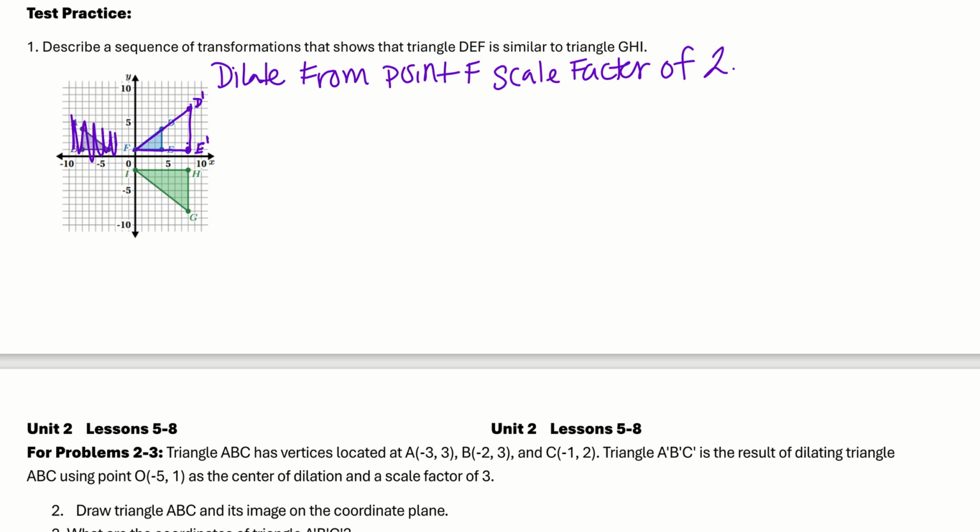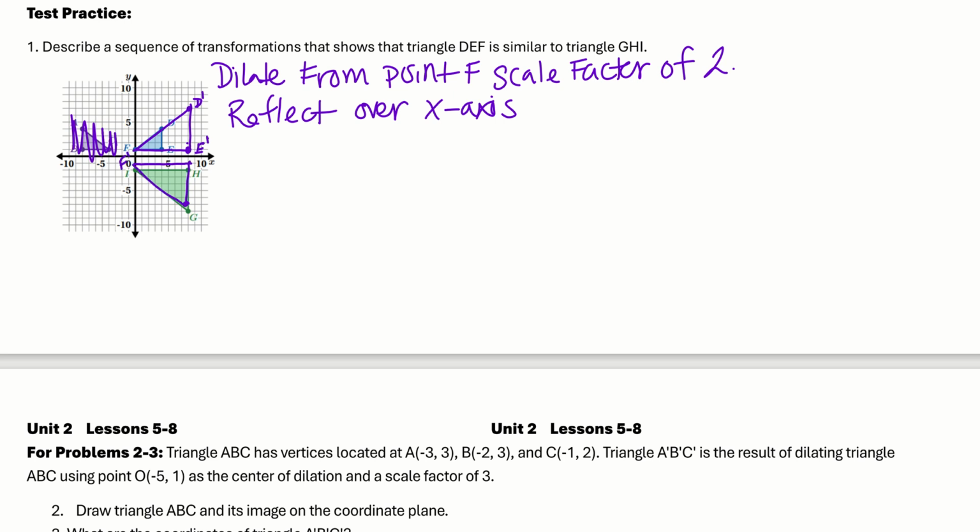All right, I clearly need to reflect. So let's reflect over, make it simple, the x-axis. Okay, so if I reflect over the x-axis, E and F prime are 1 away, so they're going to become 1 away. And then D prime is 1, it's what, 7 away, so I'm going to go down here to 7 away.